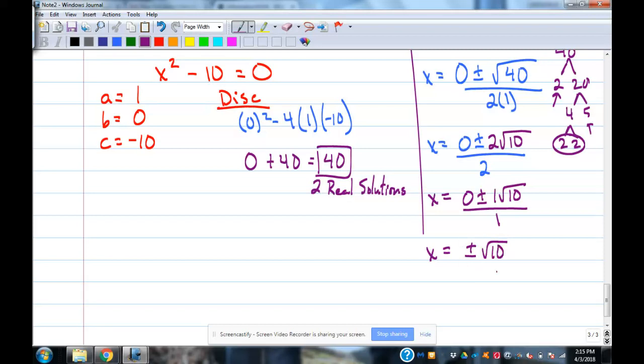Square root of 10 over 1 is the same thing as just plain old square root of 10. So our answers are positive square root of 10 and negative square root of 10. We just split them apart into two different ones. Somewhere around 3.1 and negative 3.1 is about what those are as decimals.